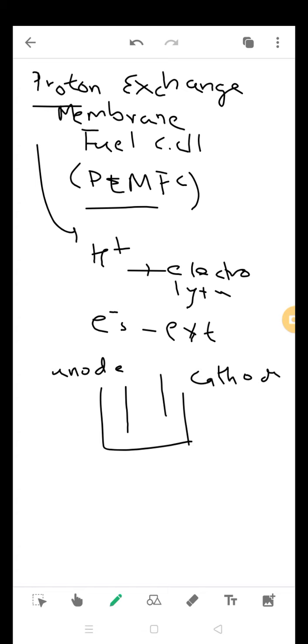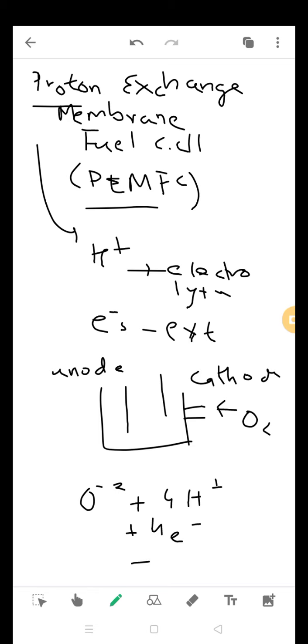At the cathode, where the oxygen enters, the oxygen is reduced. It means oxygen having a -2 charge gets reduced with the help of protons and forms water.